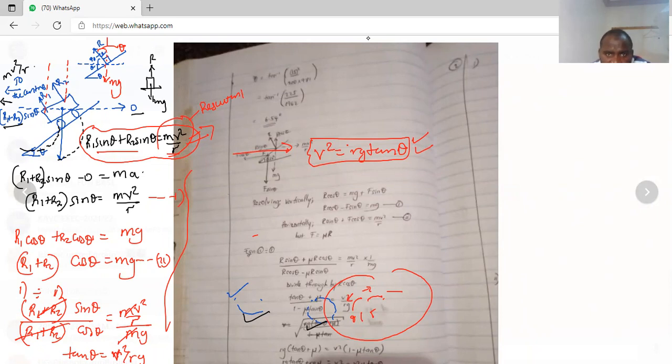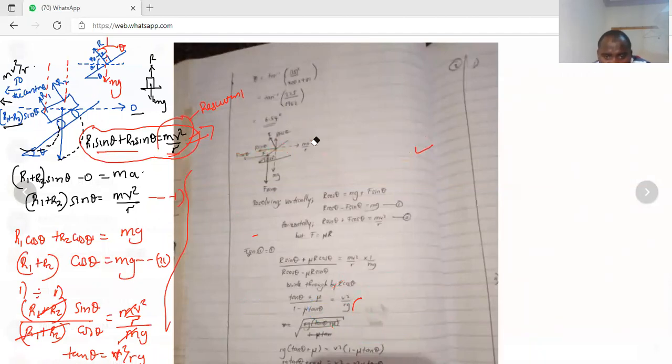But like I've told you, that previous example, the derivation, in real life it doesn't exist. We don't have a road without what? Friction.